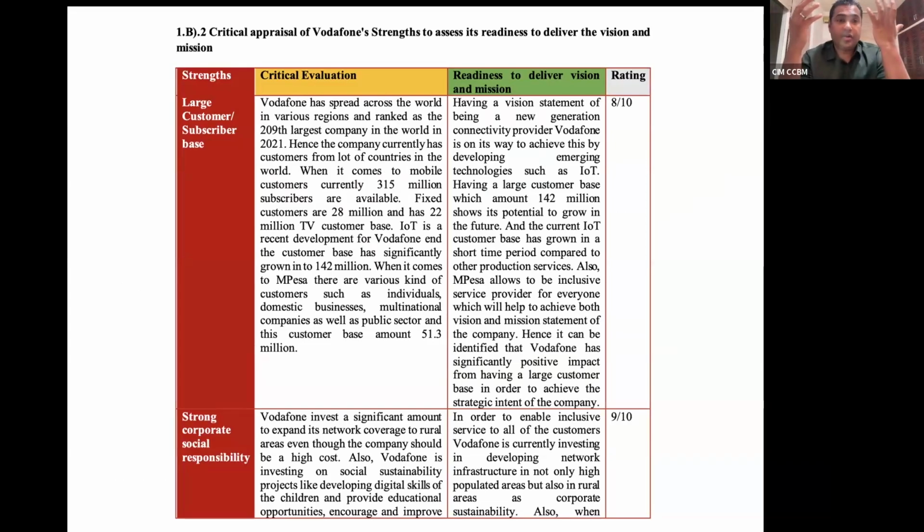The strategic audit has many strengths and many weaknesses, right? So you can take a few strengths, and then you can evaluate it, and then talk about the readiness to deliver the vision and mission. You can give a rating.